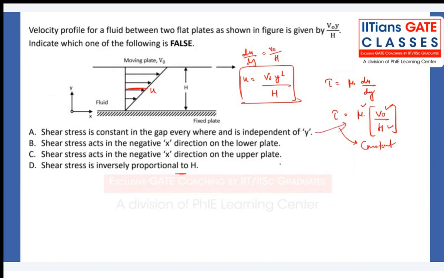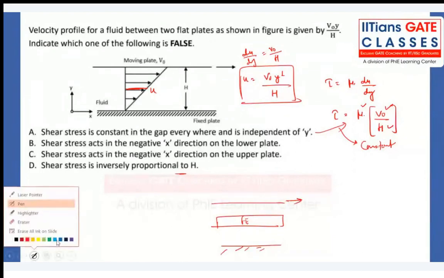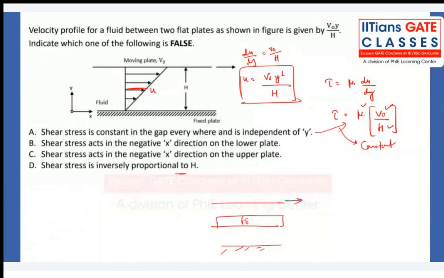Now, in the last class I told you about the free body diagram of the top plate, fluid element, and the bottom plate, right? We discussed very clearly that when the plate tries to move in the positive x direction, the fluid element will offer resistive force in the opposite direction, like this.